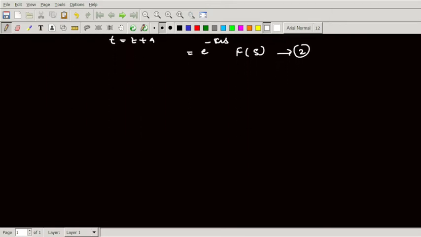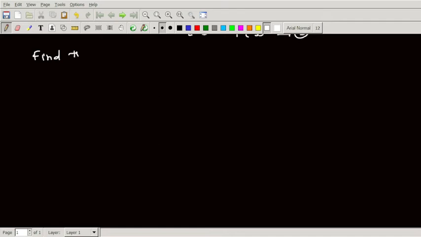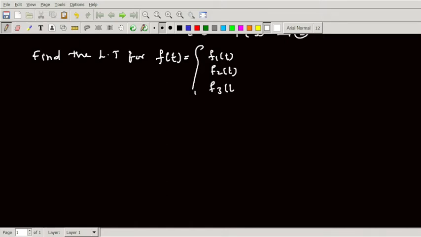When we are discussing problems on the unit step function, using this unit step function we can solve the problem without applying the integration. Suppose the question is: find the Laplace transform for f of t, where we have the function in terms of f1 of t, f2 of t, f3 of t.